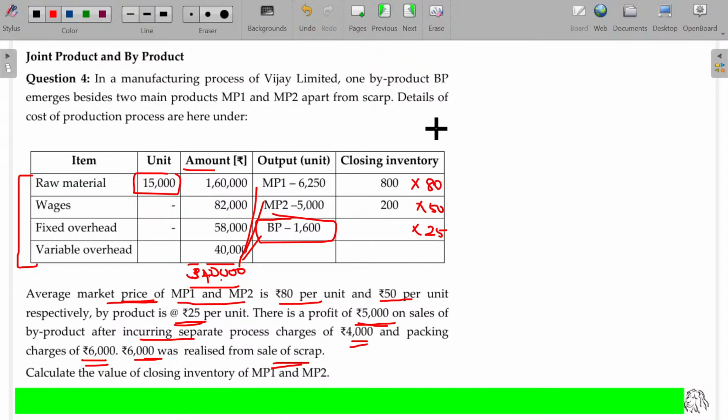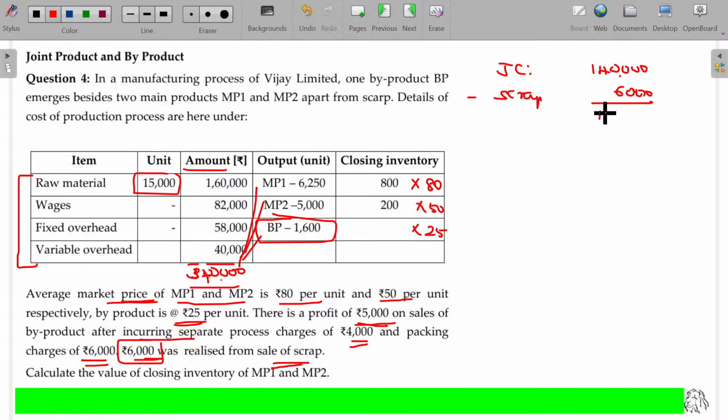Now, what happens here? Joint cost we spent here being 1 lakh 40, minus the amount recovered due to the scrap value sale. How much amount recovered by selling the scraps? 6,000. Scrap is different.